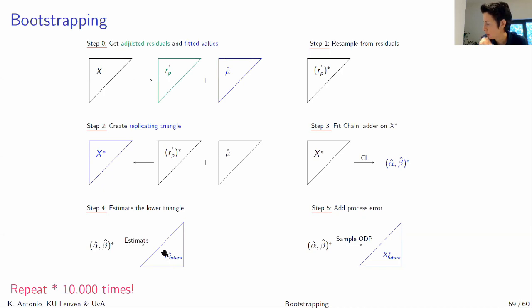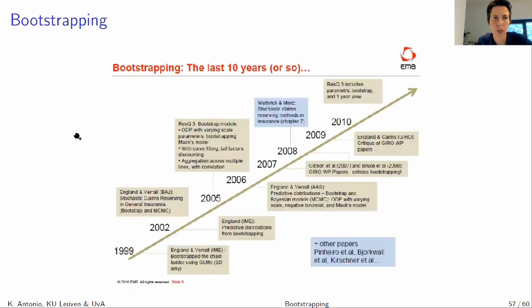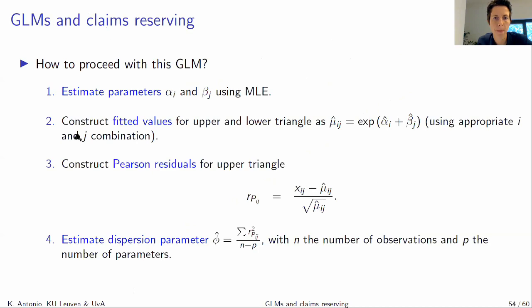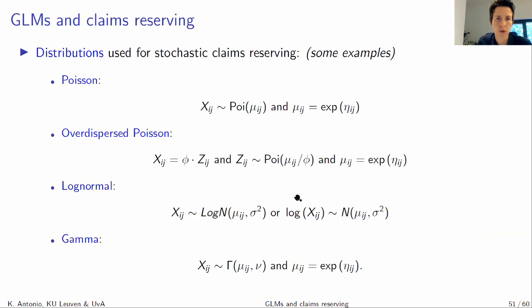And now you can ask, how would you do this? We have the recipe over here, in fact. We've got the explanation for the over-dispersed Poisson here. So if you want to make a draw of X following an over-dispersed Poisson, then you need to have an estimate for phi hat, we have that.